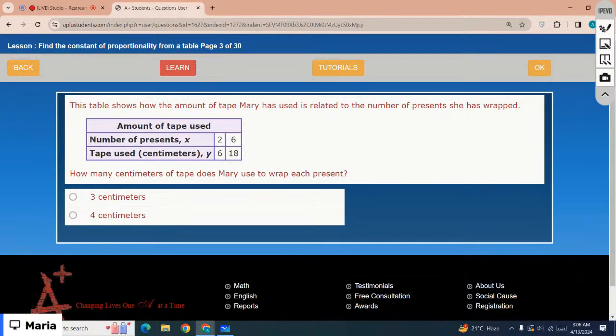This table shows how the amount of tape Mary has used is related to the number of presents she has wrapped. How many centimeters of tape does Mary use to wrap each present? Which is the correct option?